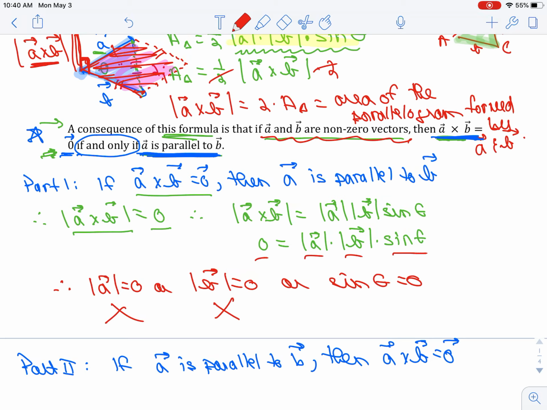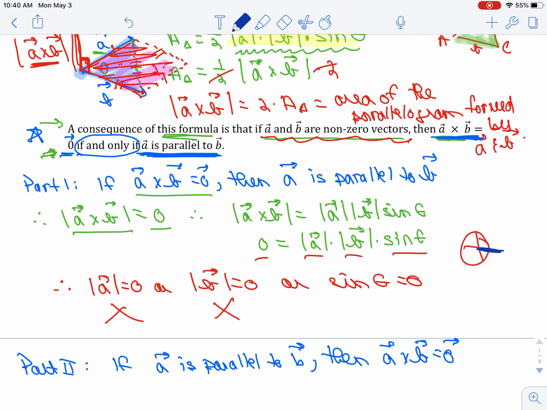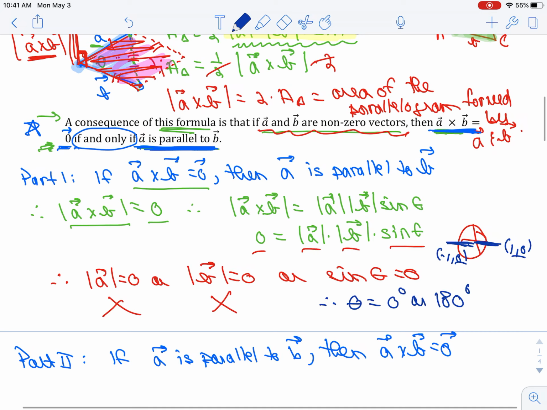The only vector that has a magnitude of 0 is the zero vector. So sine has to be 0. Well, if you think about your unit circle, where's the sine 0? The sine is 0 here and here, because this is 1, 0, and this is negative 1, 0 on the unit circle. Sine is the y-coordinate. So therefore theta is equal to 0 degrees or 180 degrees.